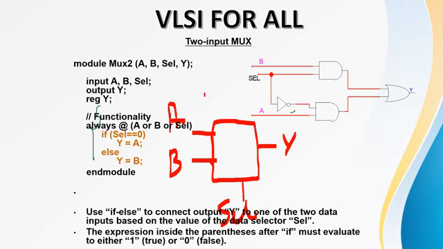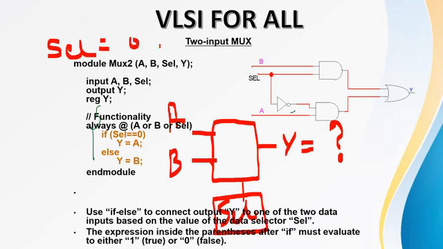Okay, so what is it? The output is equal to question mark. How does it work? Based on the select line, the mux will work. Here we have a 1-bit select line, which indicates that it can take either 0 or 1.